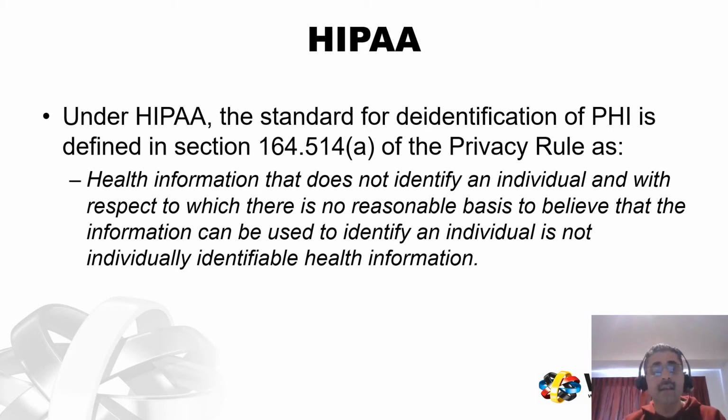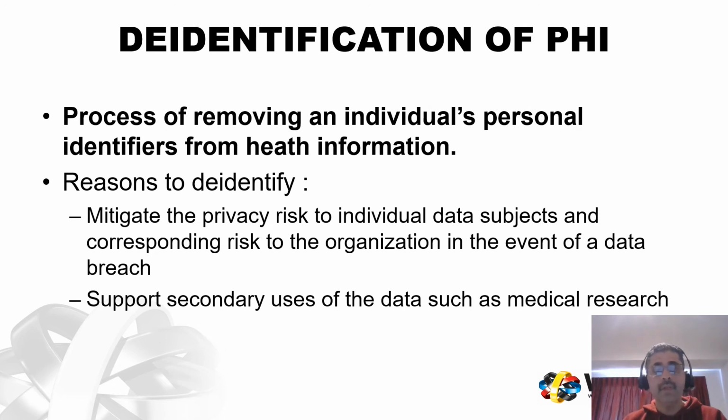It states, health information that does not identify an individual and with respect to which there is no reasonable basis to believe that the information can be used to identify an individual is not individually identifiable health information. Now it's kind of a tongue twister, but it does cover the essence of what it actually says. In simple terms, de-identification of PHI is the process of removing an individual's personal identifiers from health information.